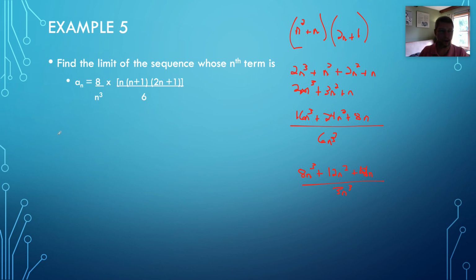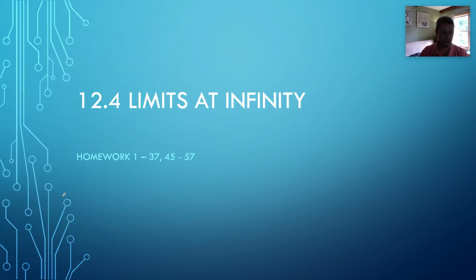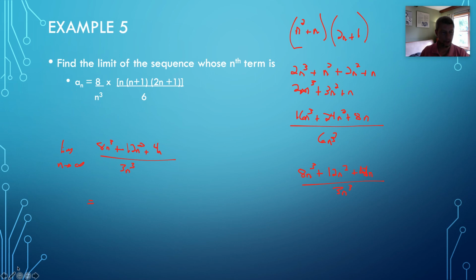Now, if I come back over here to the left side and take the limit as n approaches infinity of 8n cubed plus 12n squared plus 4n all over 3n cubed, the first thing I'm going to do is divide everything by n cubed.